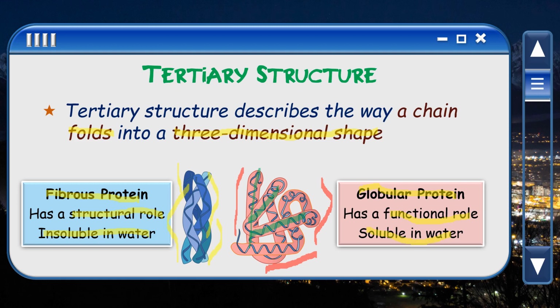You can see how the fibrous protein is folding. It is folding as if they are linear, folding around each other, forming a rope. And then when you look at the globular protein, it is just folding in any direction. Globular, it is soluble in water. Fibrous, it is insoluble in water.